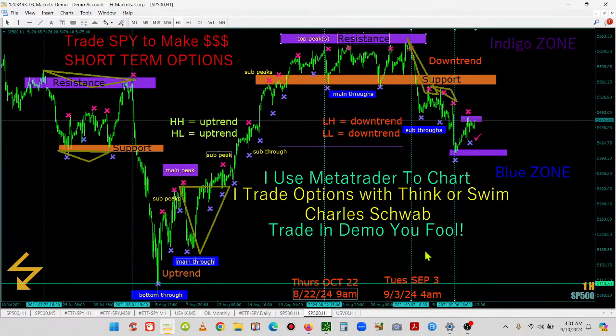And the reason I'm using this S&P 500 to chart and not the SPY is so we could watch it. You see, it's trading right now. We could chart it at all hours. We could see what happens in the European time session. We could see what happens in the Asian time session.